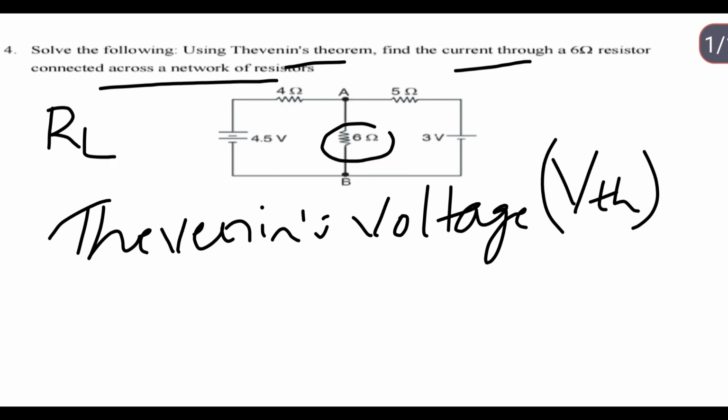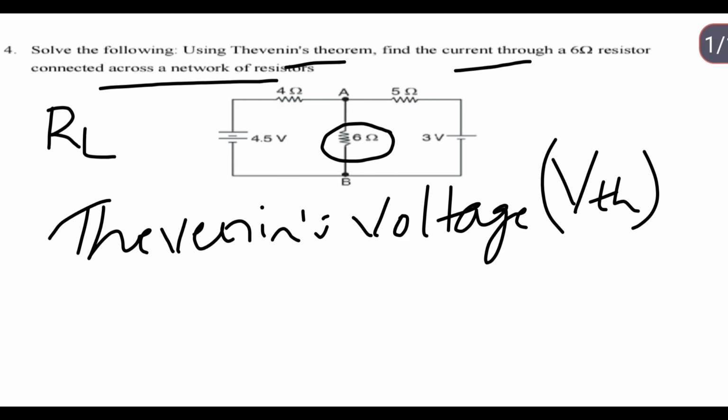I'll remove the 6 ohm resistor and consider an open circuit, the voltage across terminals A and B, where the resistor is not there. So this is a simple voltage divider, and we have to find the node voltage here.